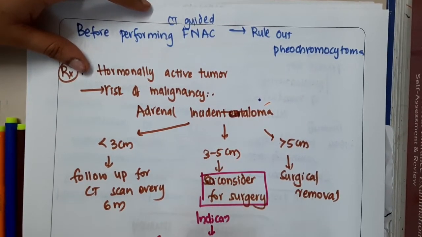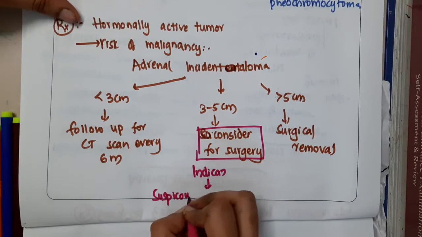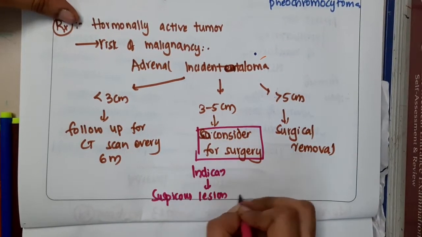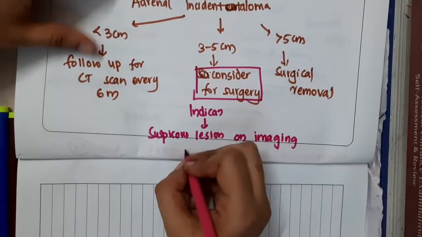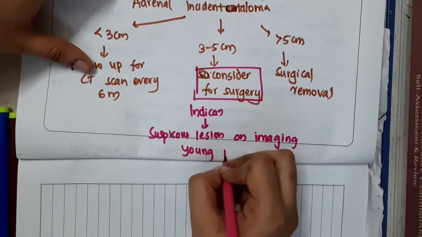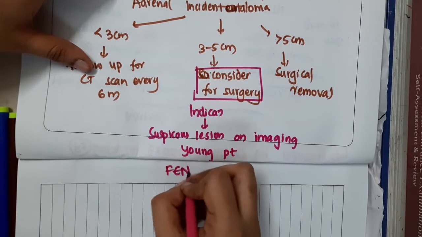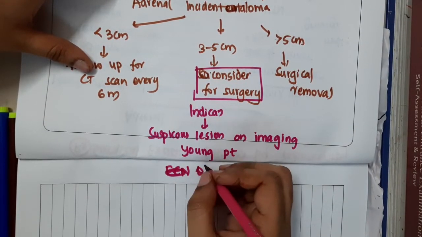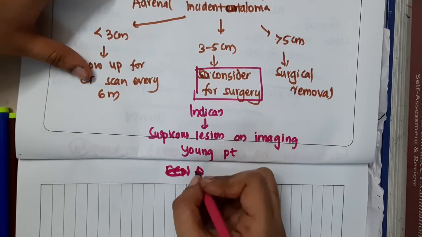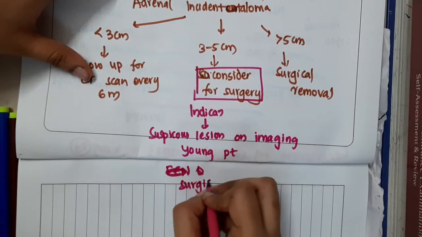Indications include if a suspicious lesion is seen on imaging, or if the lesion is seen in a young patient, or if the patient is functional, or if the patient has any surgical risk.